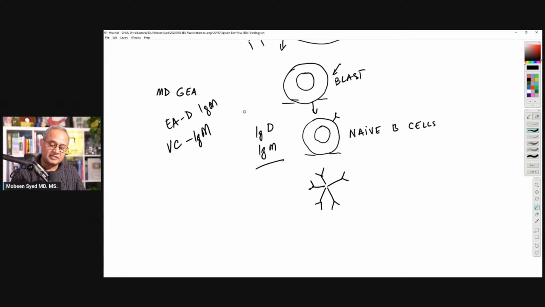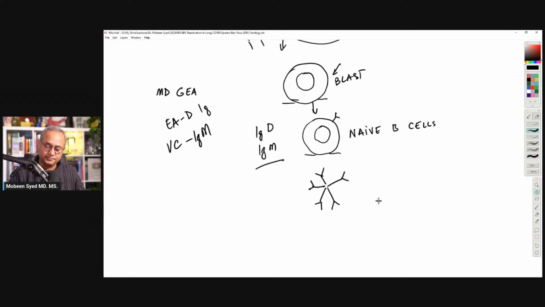So just remember, you see M, that means happening now. You see G, that means it had happened in the past. G for memory. Our memory B cells produce IgGs. They do not produce IgMs. Okay, so viral capsid IgM will be produced, and that will mean acute infection as well.